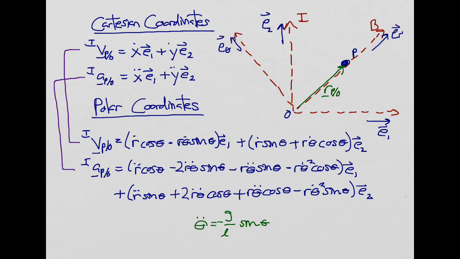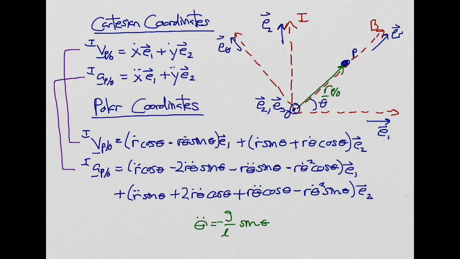And this reference frame is rotated, or even rotating, with respect to the inertial reference frame. These two reference frames share a basis vector that points, in this case, out of the page, which was E3 in the inertial reference frame, and we called it EZ in the polar frame.